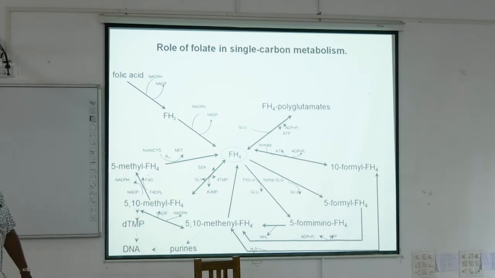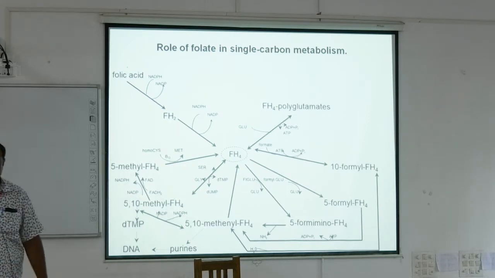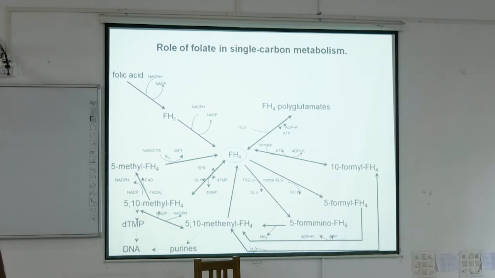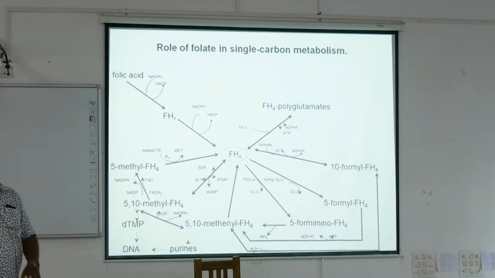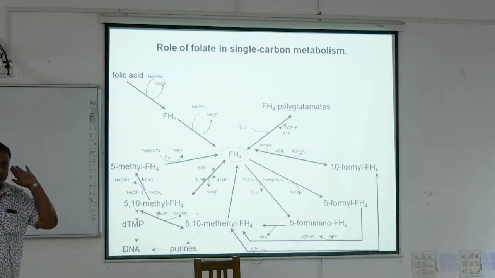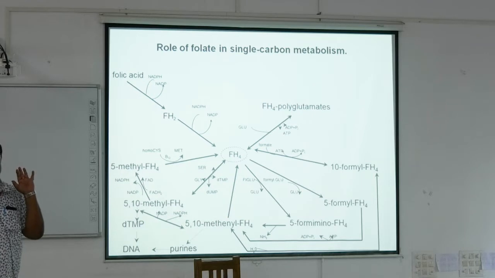So in case of vitamin B12 deficiency, there will be secondary folate deficiency, and this is called folate trap. Folate is there in our body, but all the folate is trapped in the form of N5-methyl tetrahydrofolic acid.